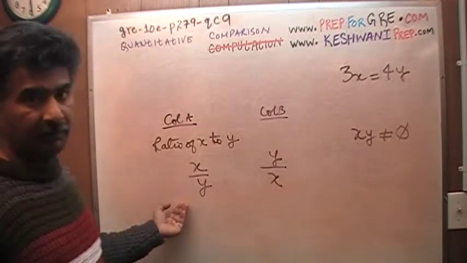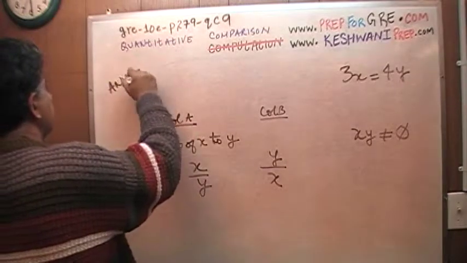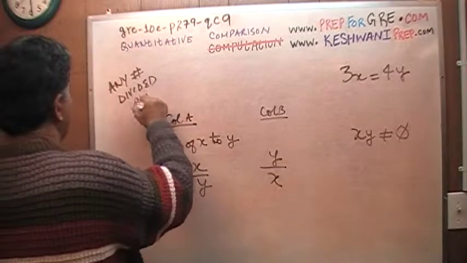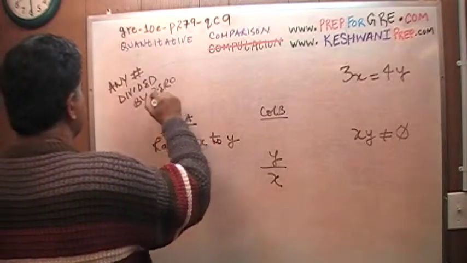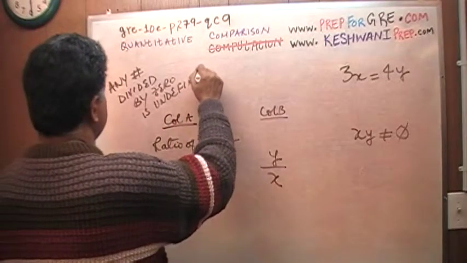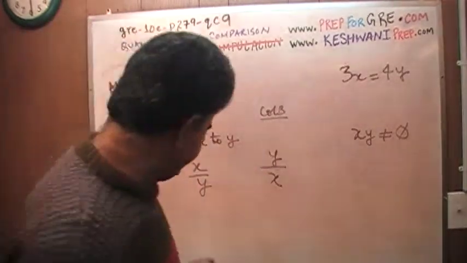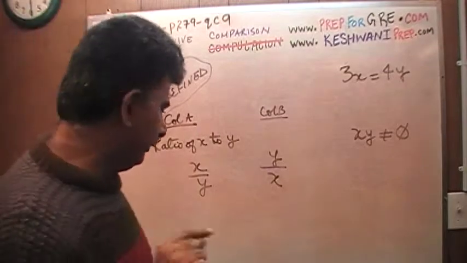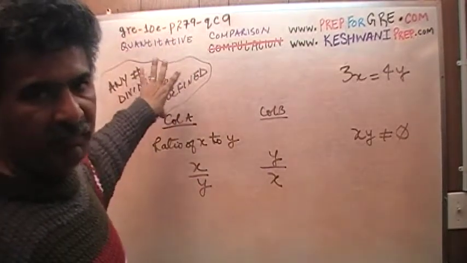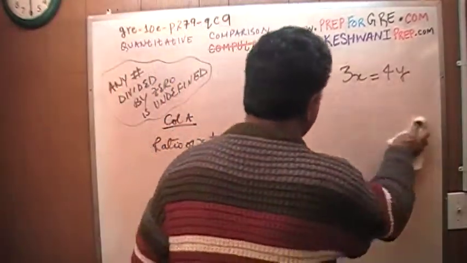For that matter, any number divided by 0 is undefined. In other words, it's infinity. It's not something one can put their finger on. You cannot say it's this much. If I have the time at the end of the clip, I'll explain what that means actually. But for the time being, just ignore this part.